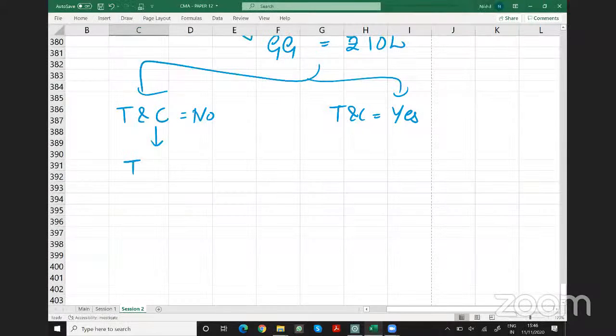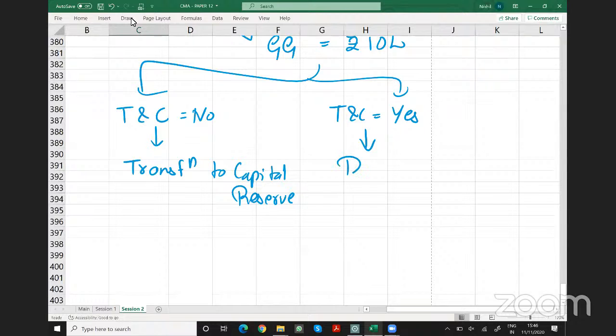If there are no conditions, transfer to capital reserve or credit your capital reserve account. So if there are certain terms and conditions, treat it as a deferred income.